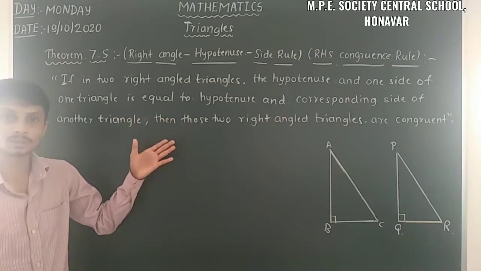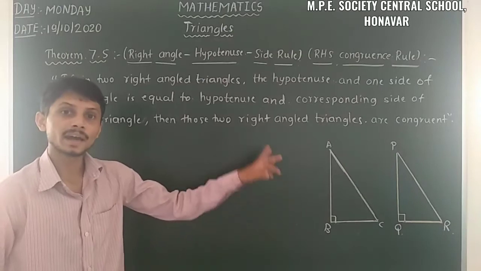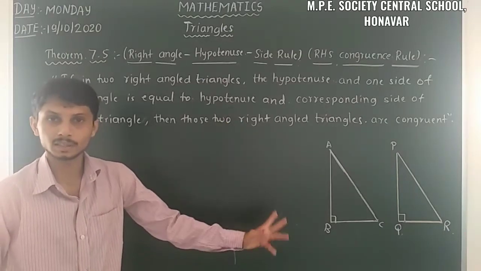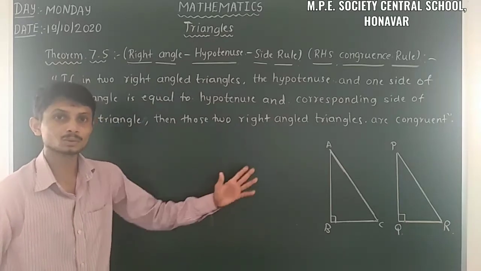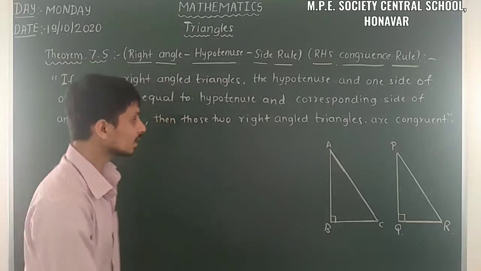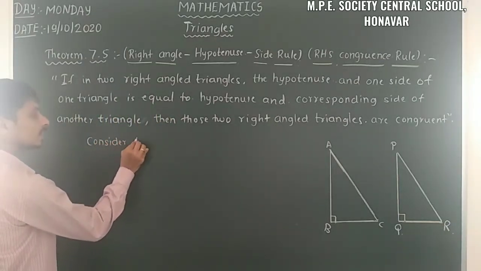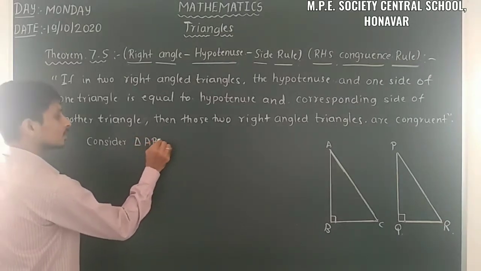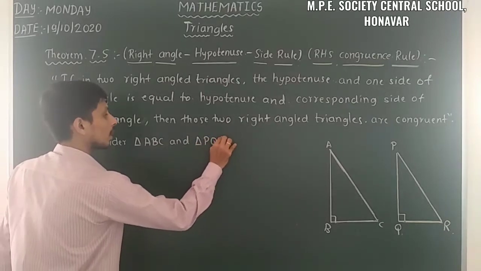According to the RHS congruence rule, one pair of corresponding angles must be 90 degrees, the hypotenuse must be equal, and any one side must be equal, then we can take those two triangles as congruent. So consider triangle ABC and triangle PQR.